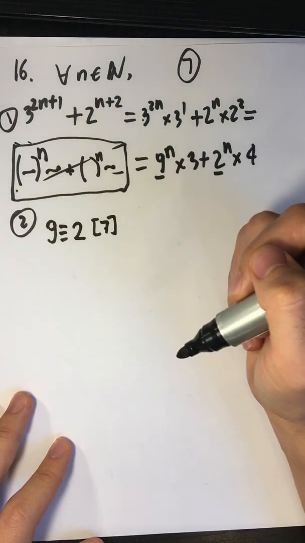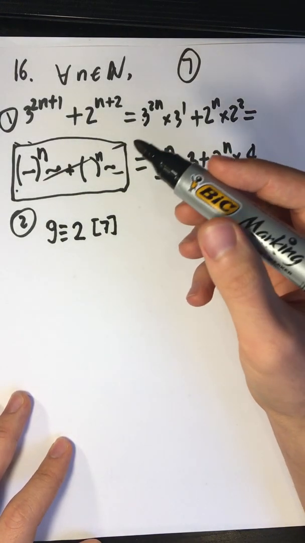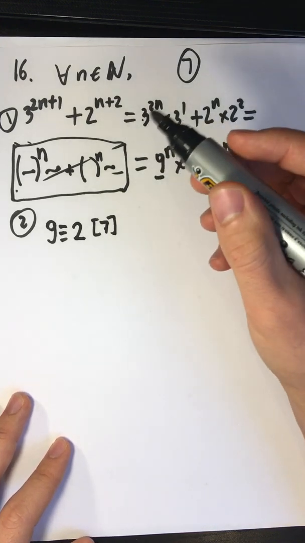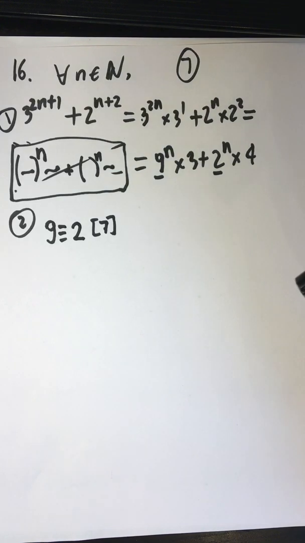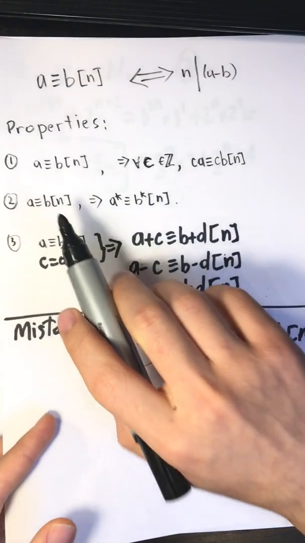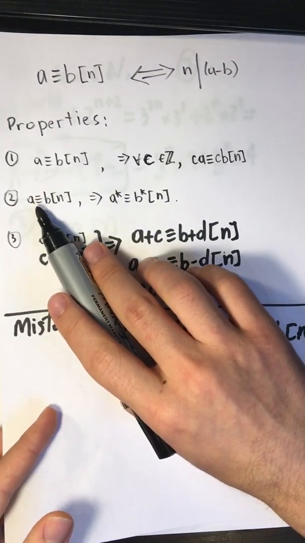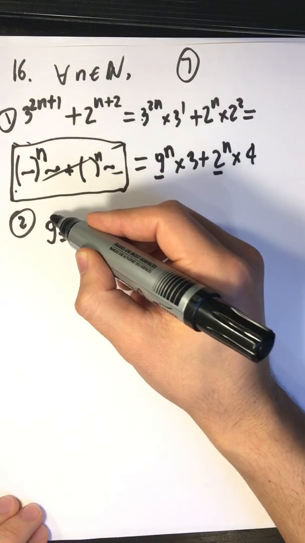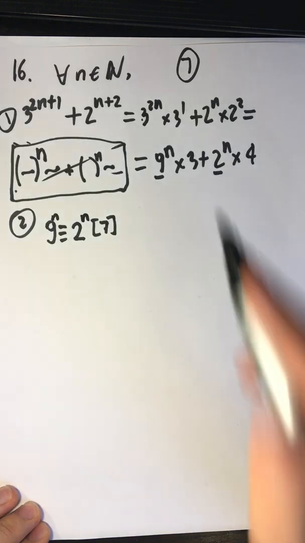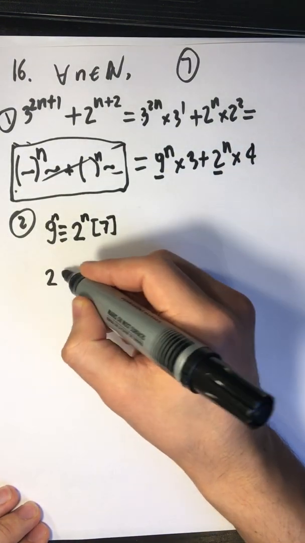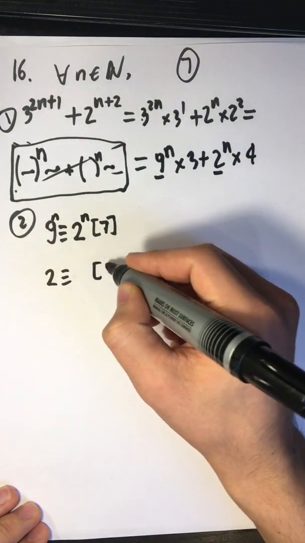So it's from the definition. And now because of property number 2, when calculating the power, I can write n here, n here. Do you understand? Yes.